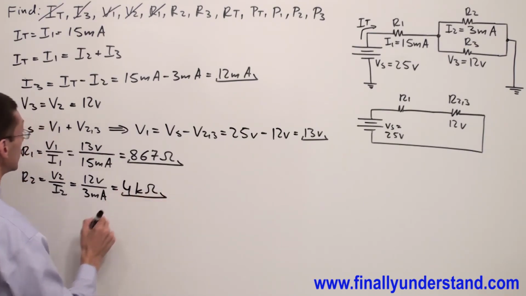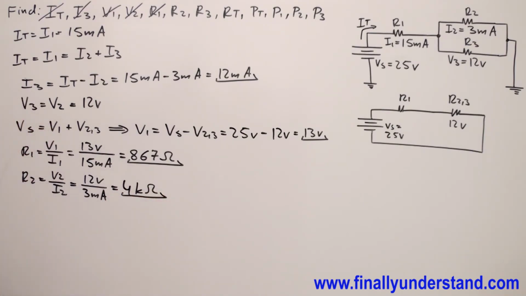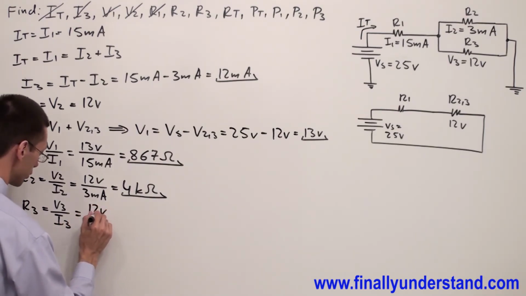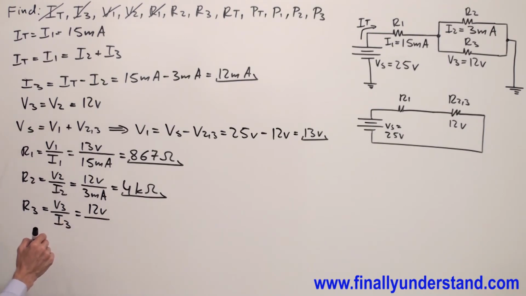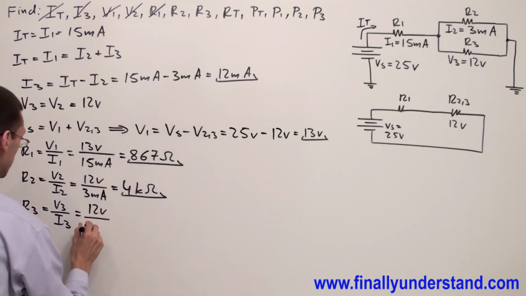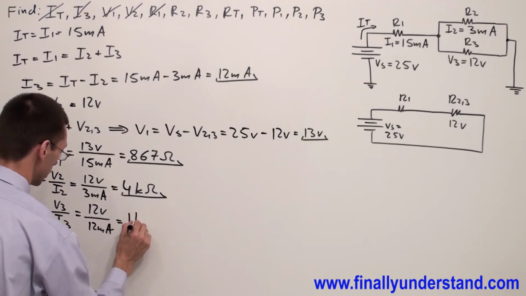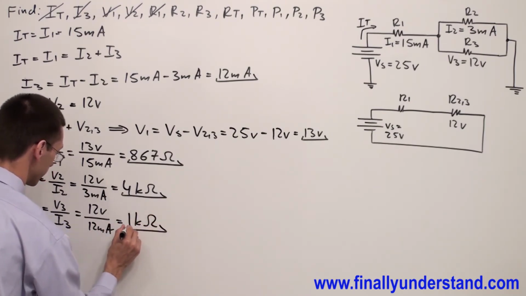Okay, so this is the resistance of resistor R2. Next, we can find resistance of resistor R3. R3 is equal V3 over I3, which is equal 12 volts over I3. I3 is equal 12 milliamps. This is equal 1 kilo. Okay.